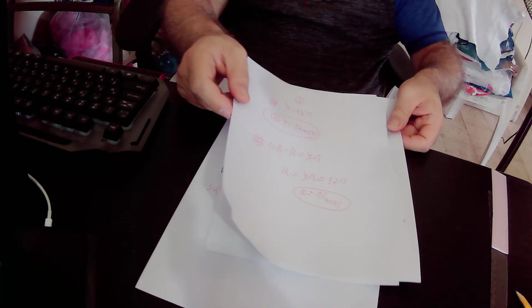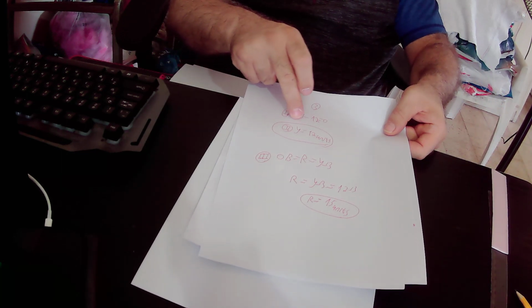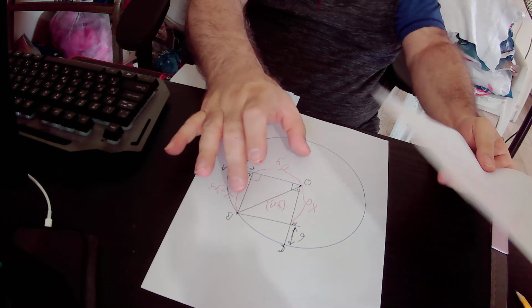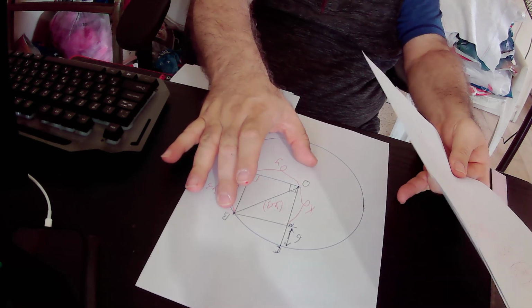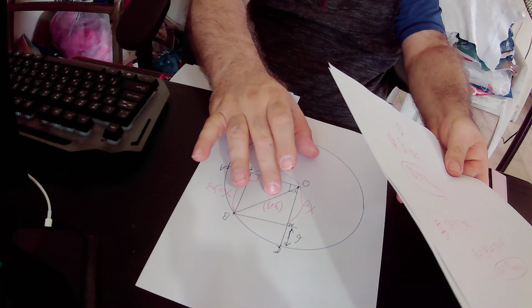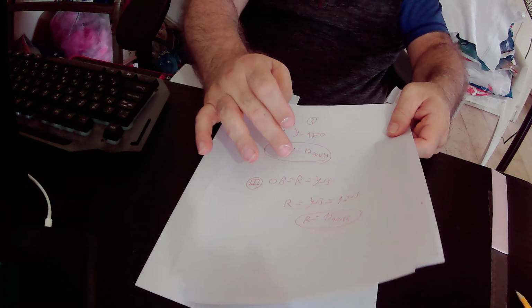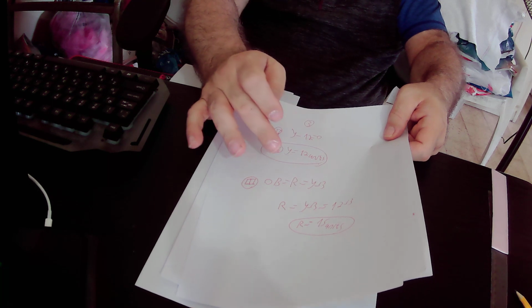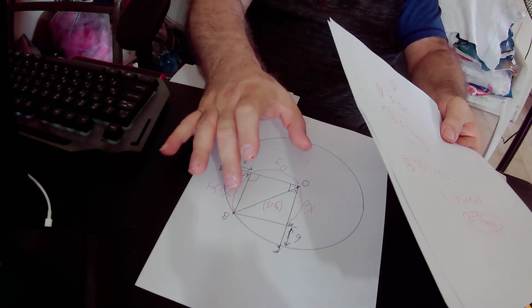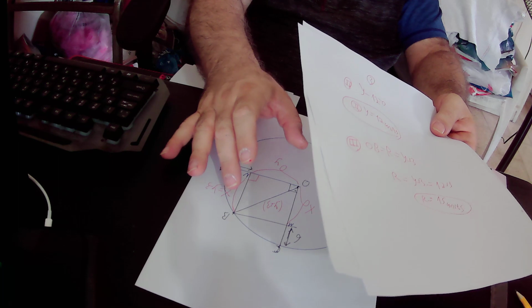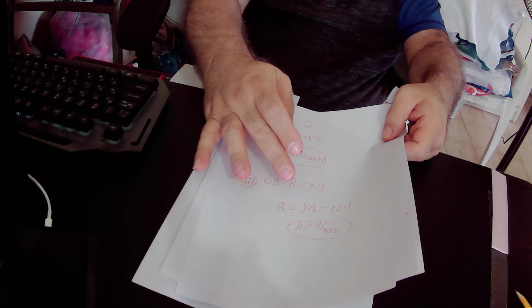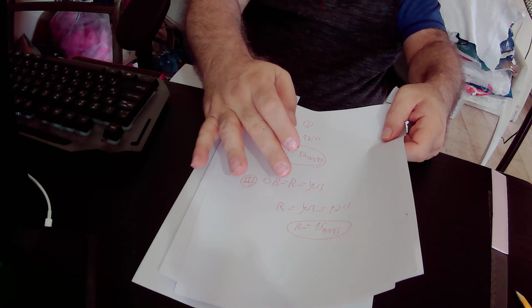If y minus 12 equals to 0, then y equals to 12 units, and the radius of the circle OB equals to y plus 3, which is 12 plus 3. That is to say, the radius of this circle equals to 15 units.